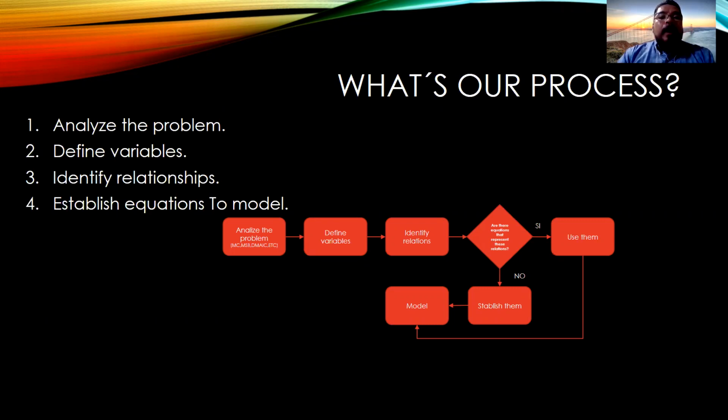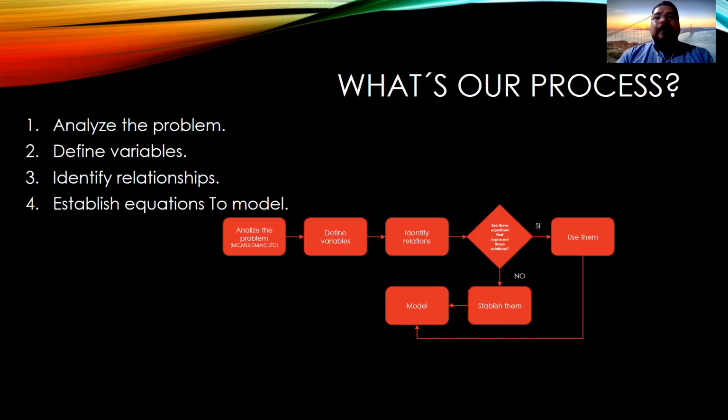Then we define the variables that we see in that problem. Once we have defined those variables, we need to identify the relations between the variables. And the first thing that we need to ask ourselves is, are there equations that represent these relations? The relations between these variables that represent the problematic situation that we are analyzing.